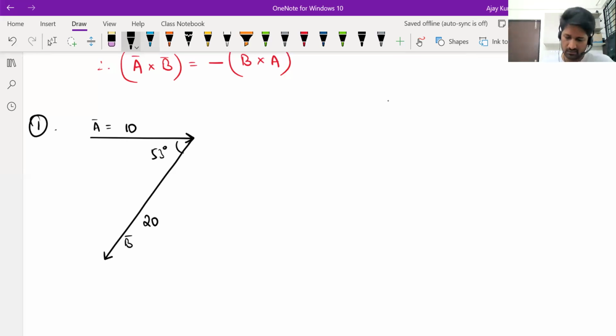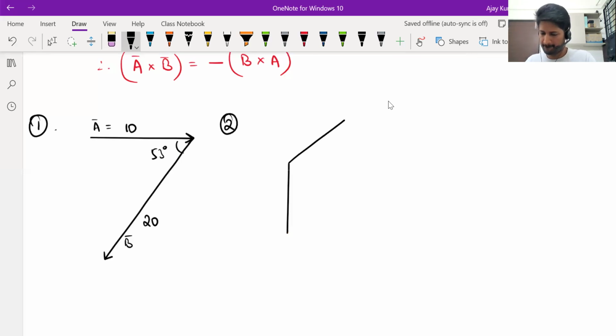Okay, fine. Determine magnitude and direction of their cross product. You can type your answers in chat. Just type the magnitude and then the direction, inwards or outwards. In all cases, I want A cross B only.